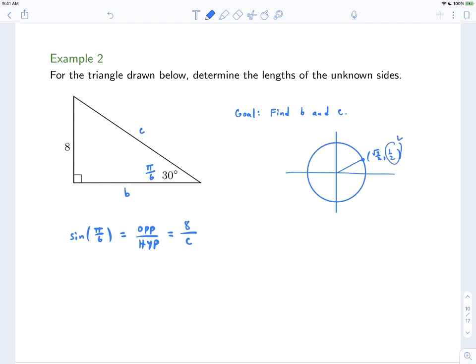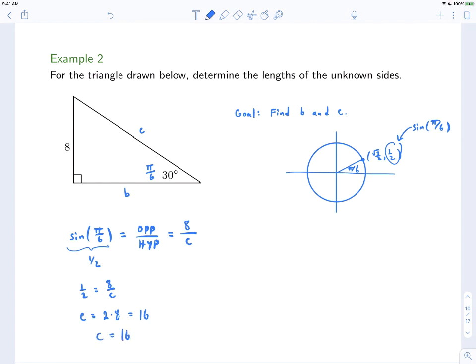And 1/2, the y value, that's sine of pi over 6. So this angle is pi over 6. So that tells us that this length is 1/2. So we have that 1/2 is equal to 8 over c. Or in other words, if we cross multiply, c is equal to 2 times 8, which is 16. So c is equal to 16.